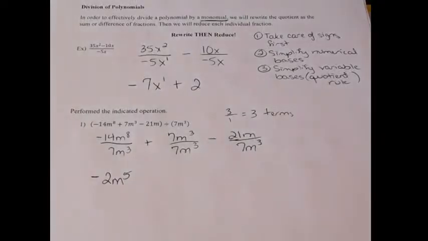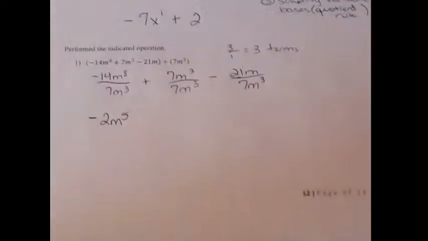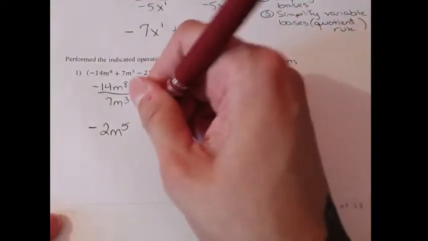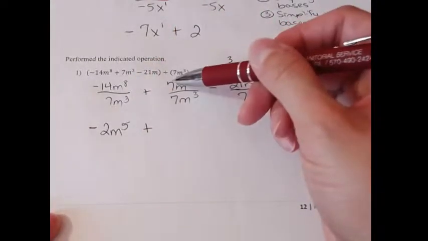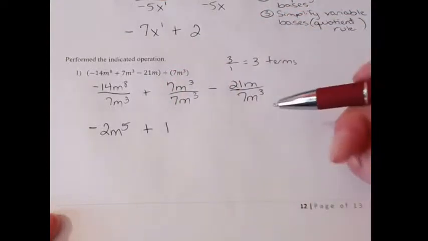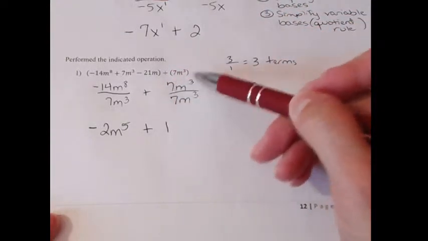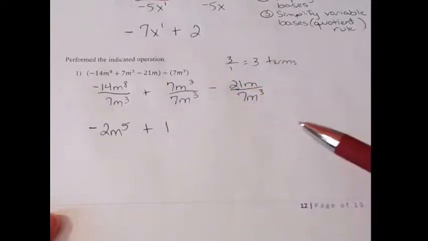So negative 2 m to the 5th. For my second term, I have a positive divided by a positive, which is still positive. Notice 7 divided by 7 is 1. And also notice that m to the 3rd divided by m to the 3rd is also 1. So this cancels, leaving you with 1.